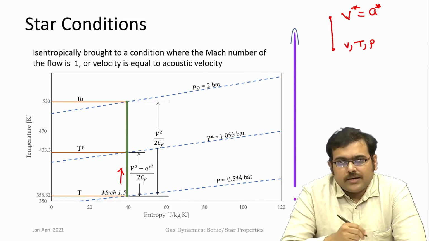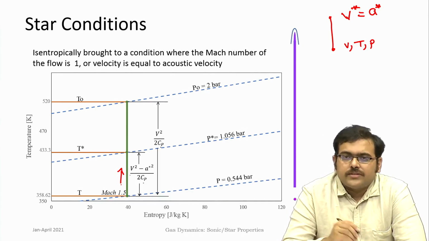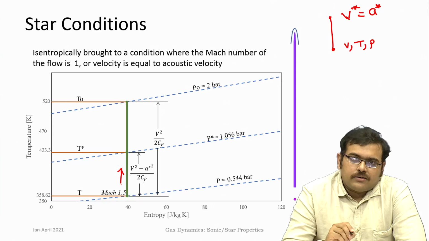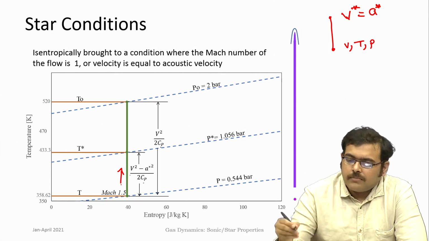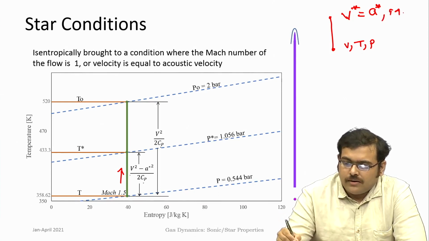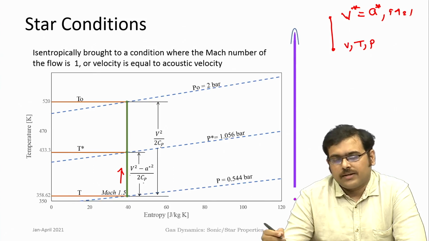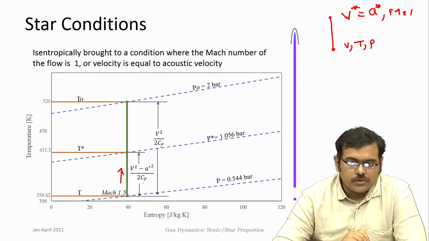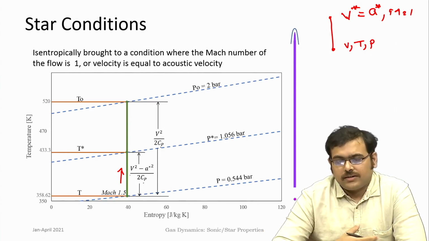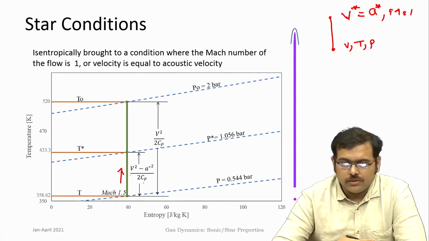And now we are looking for that particular point where the velocity during the process is equal to the acoustic speed at that point. That means the Mach number will become equal to 1, and this particular condition is known as the sonic condition. So, star conditions and sonic conditions are synonymous to each other.